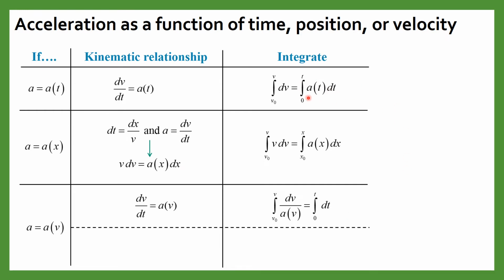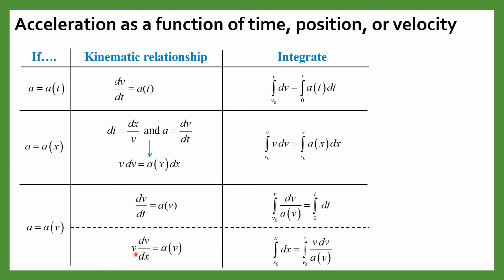Here, because the acceleration is a function of time, we have taken a towards the right. But in the third case, since we are assuming that acceleration is a function of velocity only, acceleration will remain on the LHS. That is, on the LHS we have dv upon a as a function of v, and on the RHS we have dt. Again, by integrating this, we can solve for the motion.